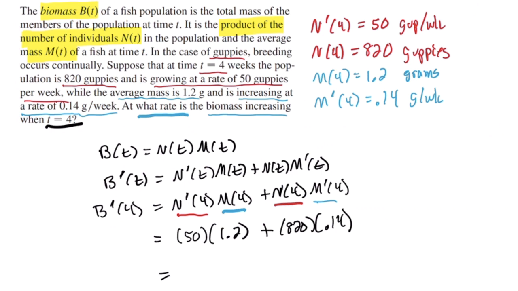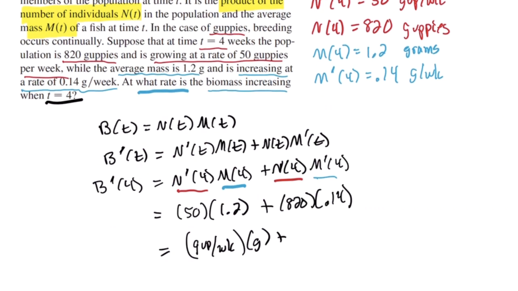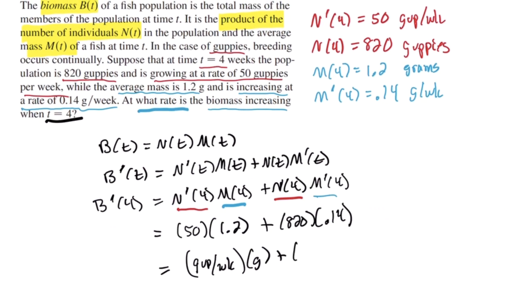So let's think of what our units are going to be in this problem. So the N prime at 4 was 50 guppies per week, times the 1.2 grams. And then plus, we have 820, which was the number of guppies, and then we have 0.14 grams per week.